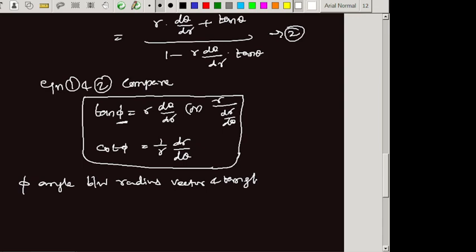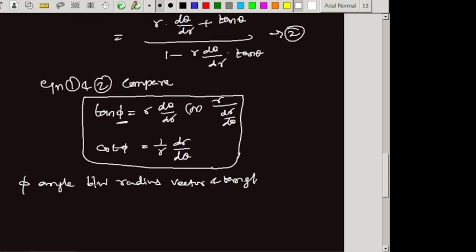Here we draw the perpendicular line so that we have the right-angled triangle OPQ. We must find the length of the perpendicular from the pole to the tangent line, which is nothing but OQ.